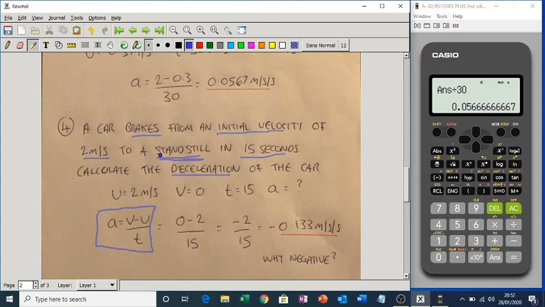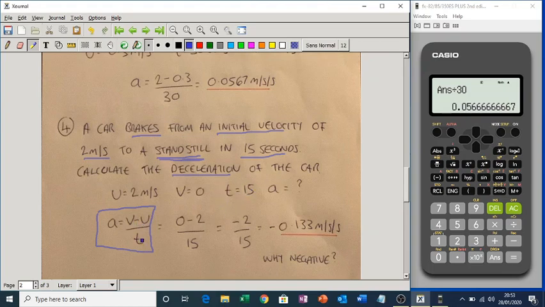So then, car brakes, so it's going down to stop. So v take away u. v is standstill, so it's 0. u is 2 because that's where it starts, and the time is 15 seconds.